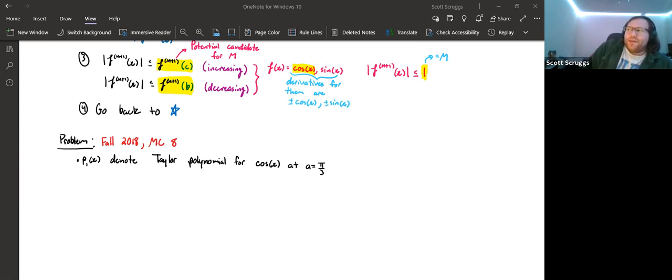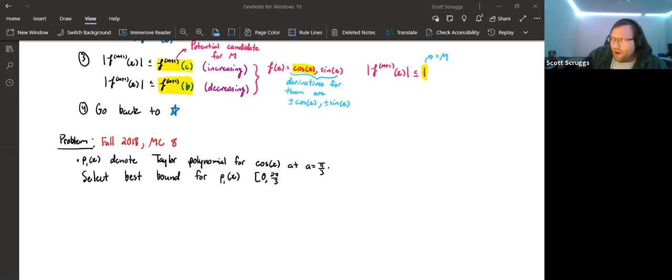What we are going to try to estimate with this is, we're going to try to select the best bound for P1 of x being an approximation on the interval 0 to 2 pi over 3. And that's our goal for that.